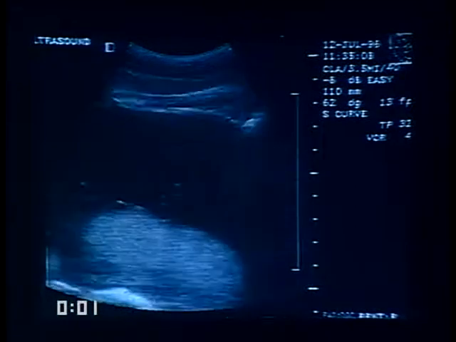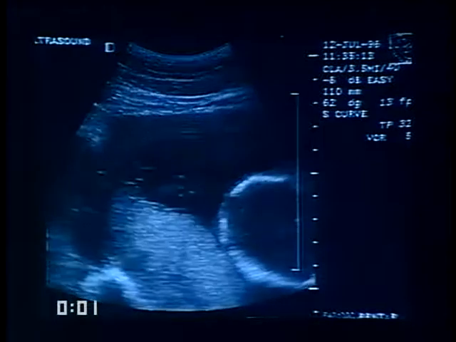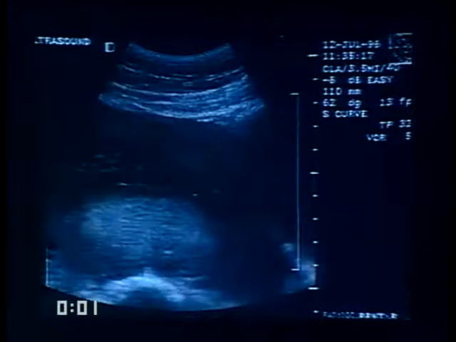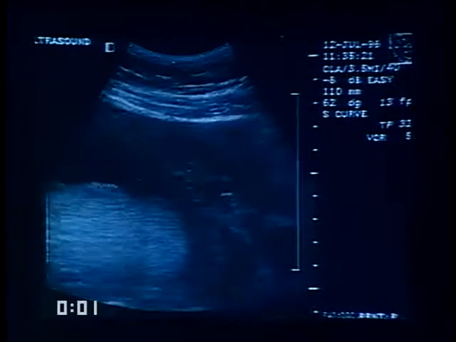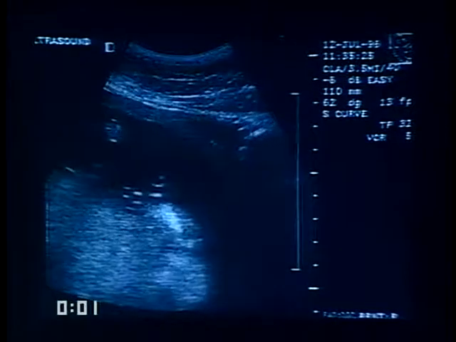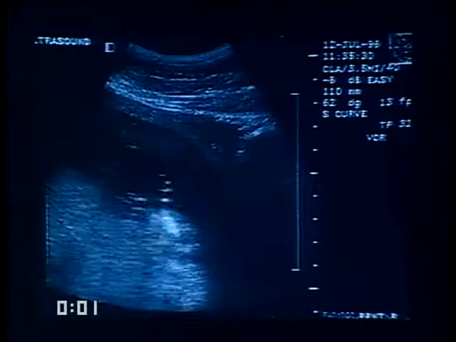Placenta's posterior, but that's not what we're looking at. I draw your attention here.